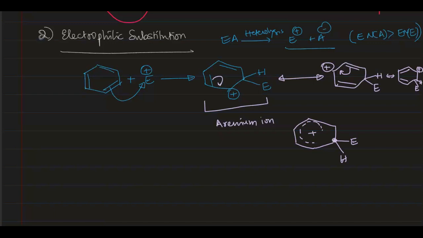So this carbon atom is actually sp3 hybrid now, because it has 4 bonds, unlike other carbons. Because it is sp3, positive charge is not able to cross over this carbon. So it's like a back and forth type of resonance.